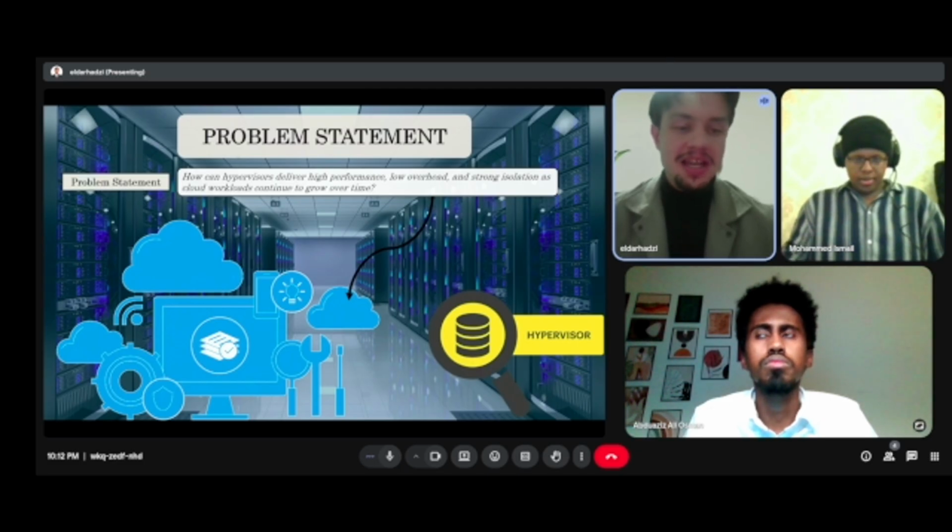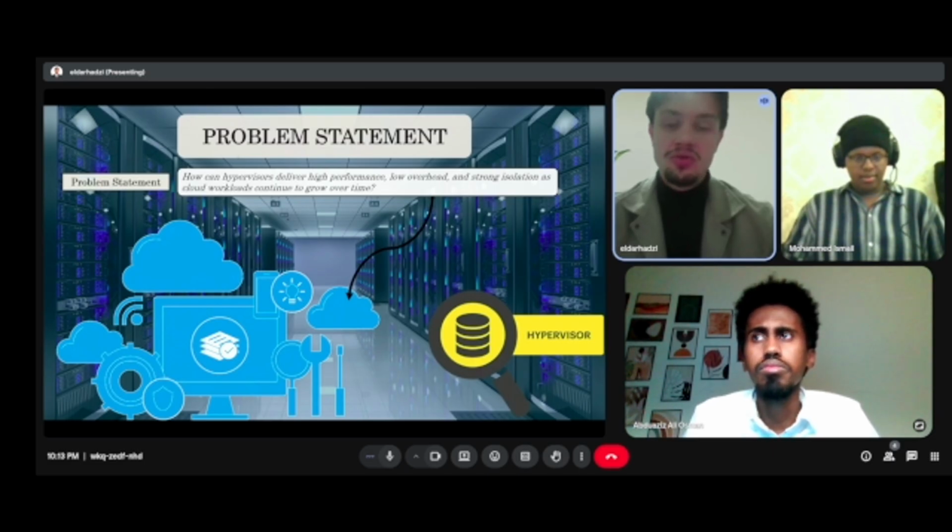So our study examines how hypervisors achieve these goals. And we can ask one question as a problem statement, which is: how can hypervisors deliver high performance, low overhead, and strong isolation as cloud workloads continue to grow over time?